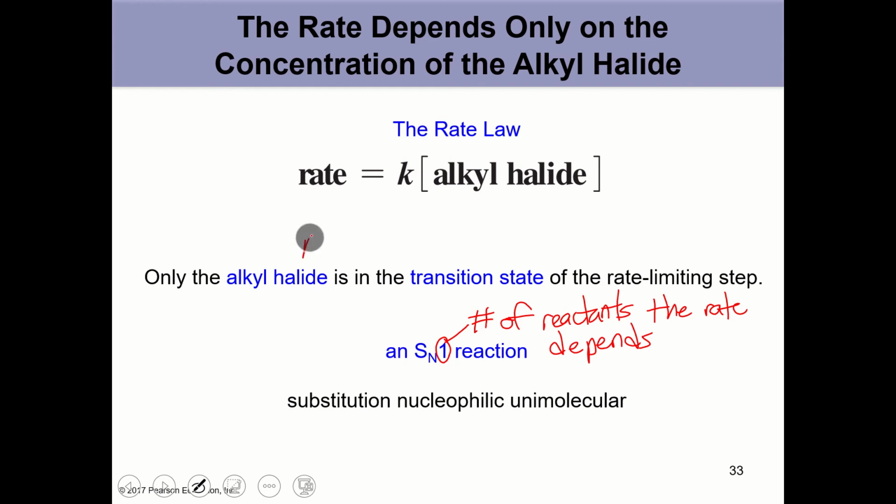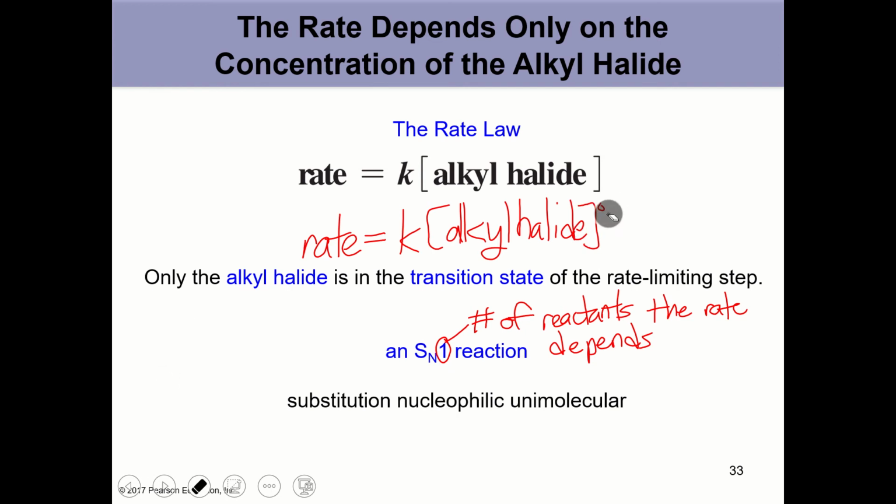And so essentially you can think of it in this way. Recall the zero order reaction or the zero order substance. So the alkyl halide is first order, and so it is raised to the power of 1. And then the nucleophile is zero order, so it is raised to the power of 0.